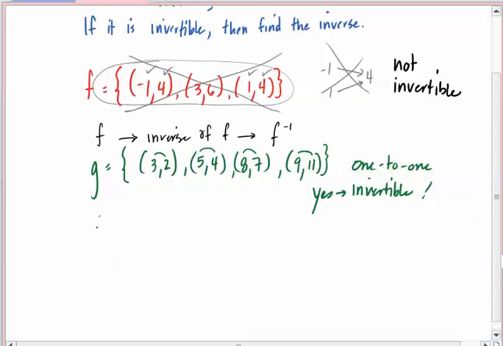Well, we find the inverse by just merely switching the x and the y values. So I'm going to say 2, 3 is the inverse for that particular coordinate point. Now let me go ahead and write my function notation for the inverse. G inverse is written that way. That's G inverse. So now let's go ahead and write the rest of our inverse.